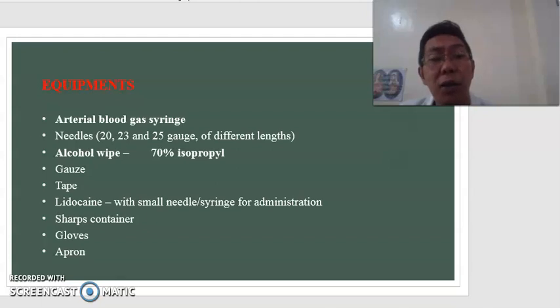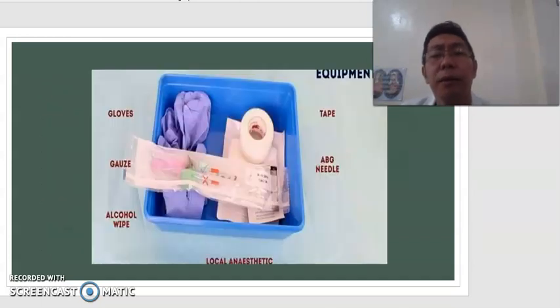Sharps container, wherein you're going to dispose the needles. Gloves, apron. So this is a picture of what you're going to prepare. And usually, the equipment is already available as a package na.